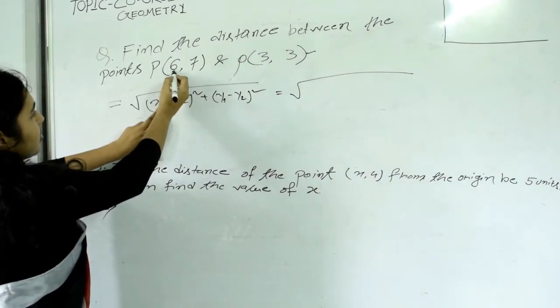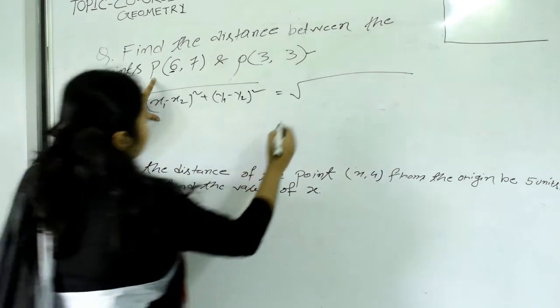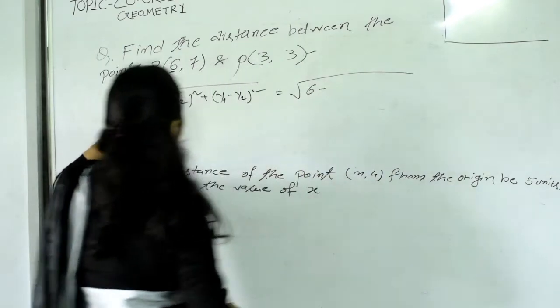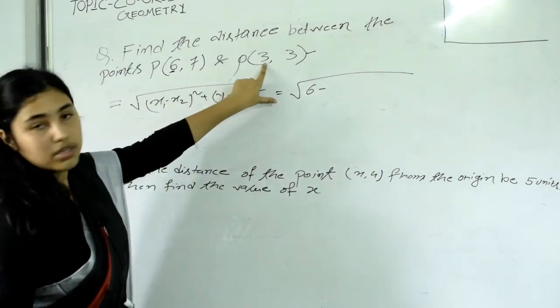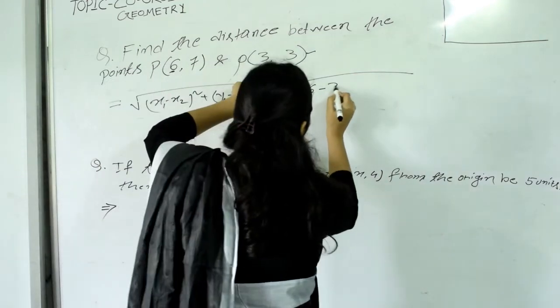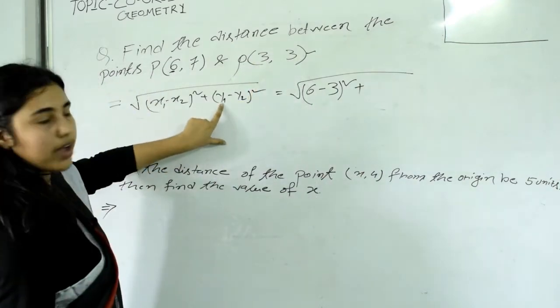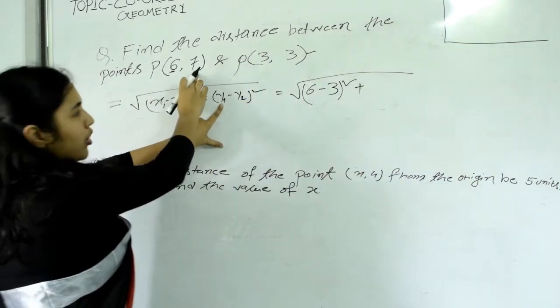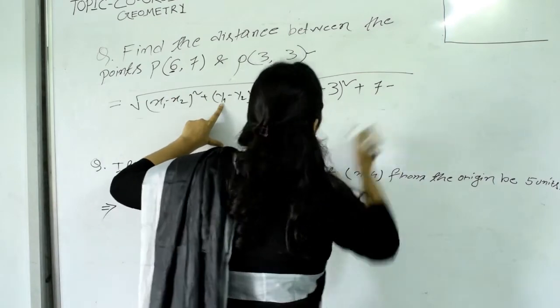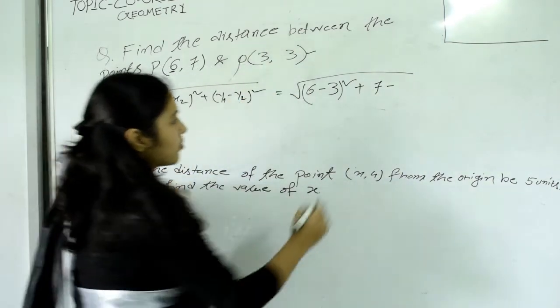Here the x1, which is the abscissa of point P, is 6 minus x2, the x coordinate of point Q, which is 3, plus next y1, the ordinate of point P, 7 minus y2, the ordinate of point Q, 3.